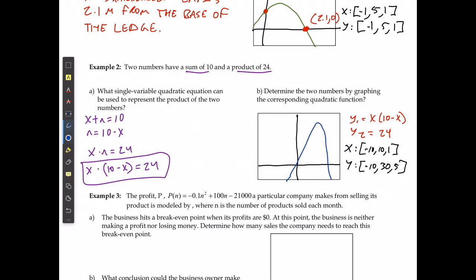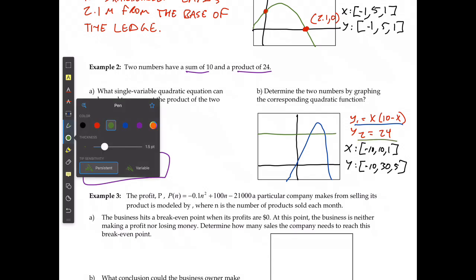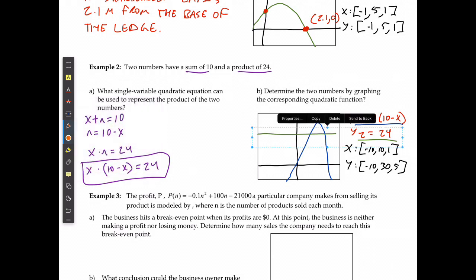There's one equation. There's the other equation. And where the two lines cross is going to be my solution. So in this case, they cross at the points of 4 and 24 and at 6 and 24.